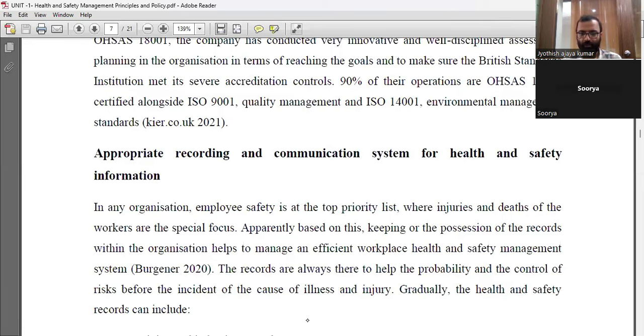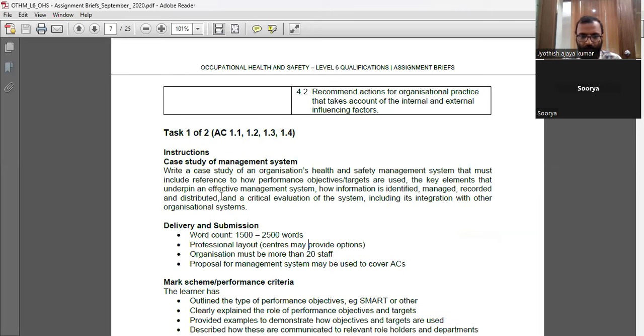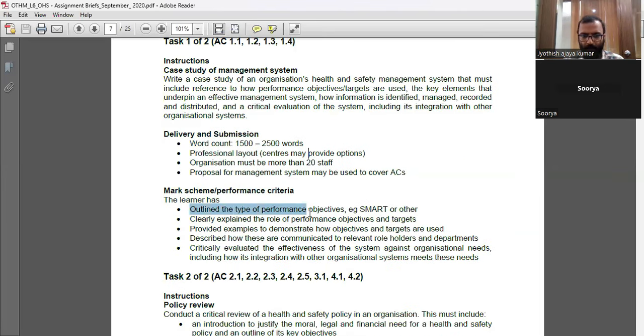Here it is mentioned how the information is communicated: outline the performance objective, clearly explain the role of the performance objective, provide examples to demonstrate how objectives and targets are used, and describe how these are communicated to relevant role holders and departments. So how the HSE policies are communicated to the relevant holders and departments is being discussed in this paragraph.